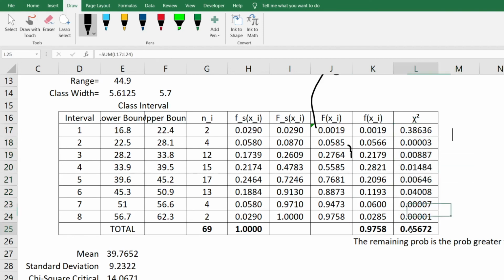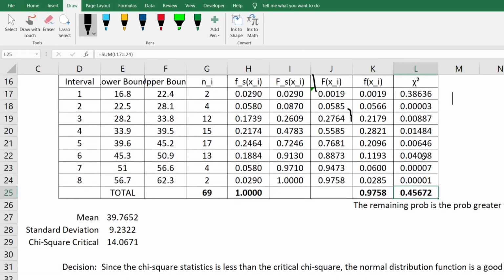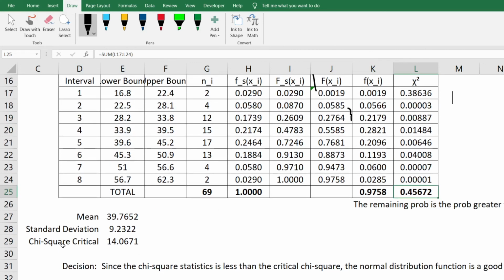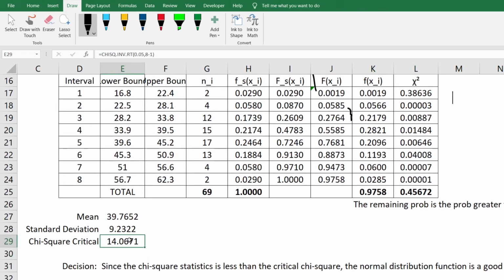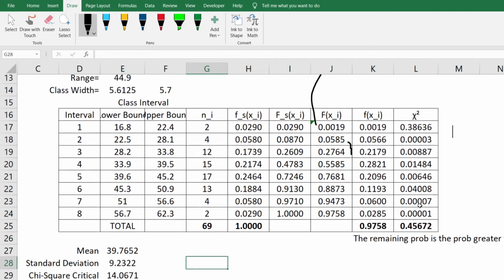Then i-add natin yung chi-square. Tingnan nyo, pare-parehas yung critical chi-square natin. Kagaya ng pag-compute natin kanina, the critical chi-square is just the chi-square inverse, right-tailed, 0.05 and then 7 yung degrees of freedom natin because we have 8 intervals minus 1. So, 14.07.